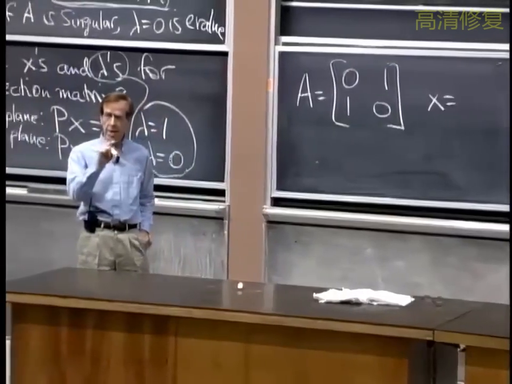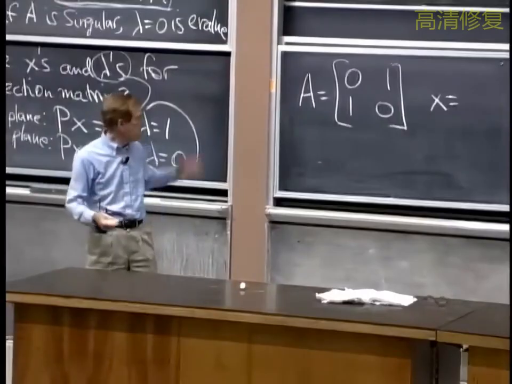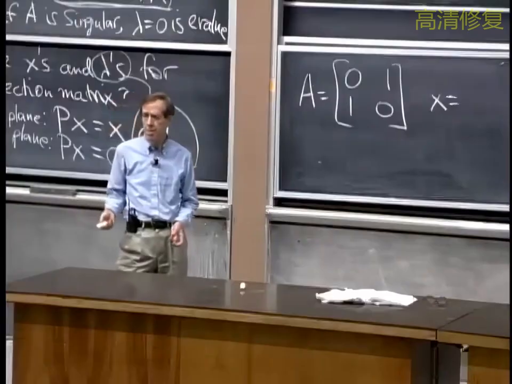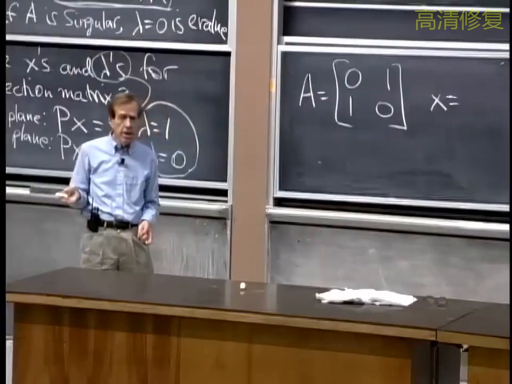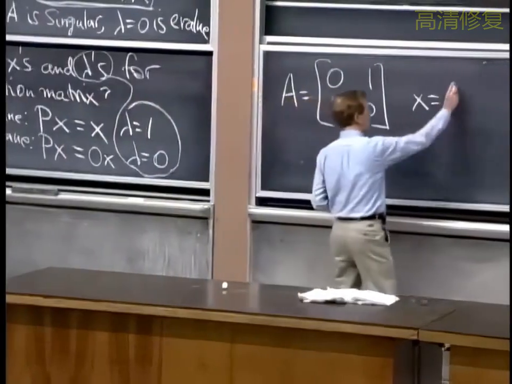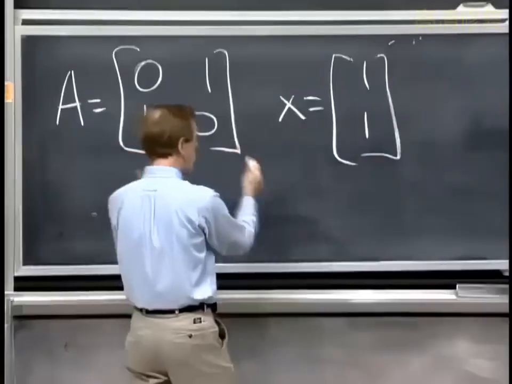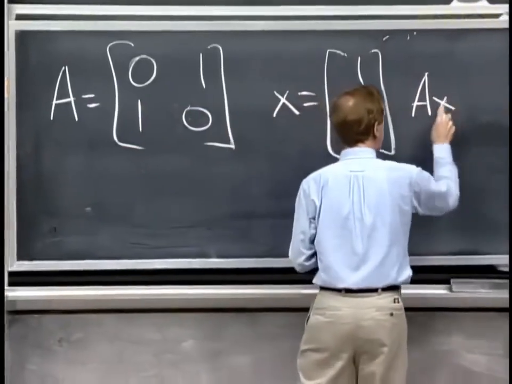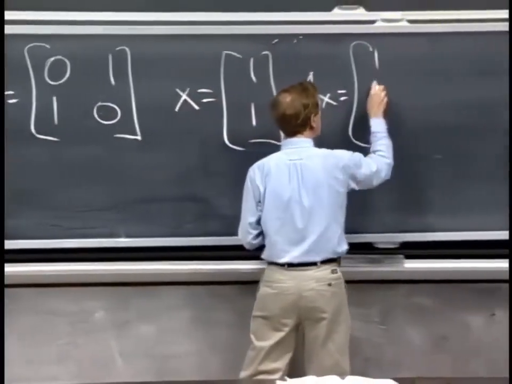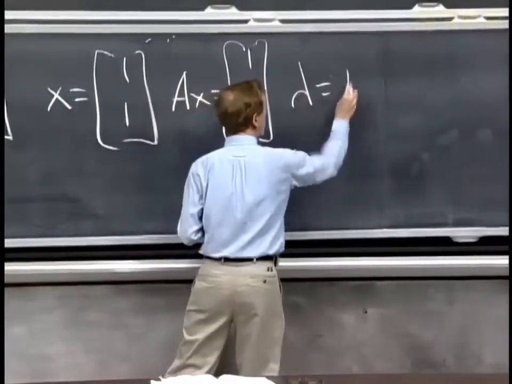What vector would have eigenvalue 1, so that if I permute it, it doesn't change? That could be 1, 1. Thanks. Take that vector 1, 1. That will be an eigenvector because if I do Ax, I get 1, 1. So the eigenvalue is 1. Great.